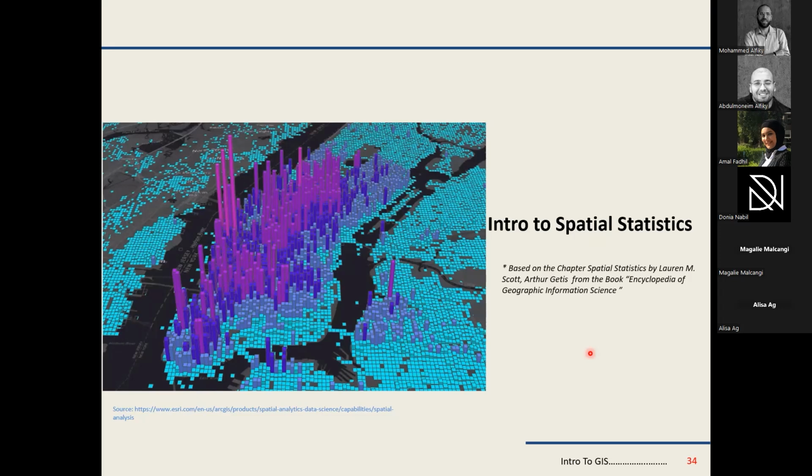Usually it depends on software-based tools. It's not something that you can do with a pen and paper. We have defined methods and techniques to understand the distribution, the pattern, the process, and the relationships that happen inside the spatial domain.